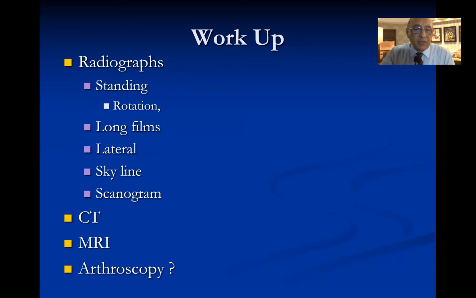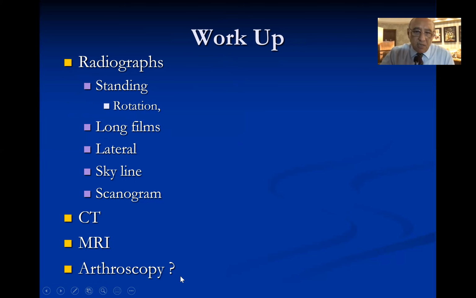We do the skyline for patellar osteoarthritis, and we do a scanogram, which measures the length, the angle, and the distance of the mechanical axis. You must do CT for the question of rotation malalignment. You must do MRI for the knee if there is any suspicion of internal derangement or question about the degree of osteoarthritis.